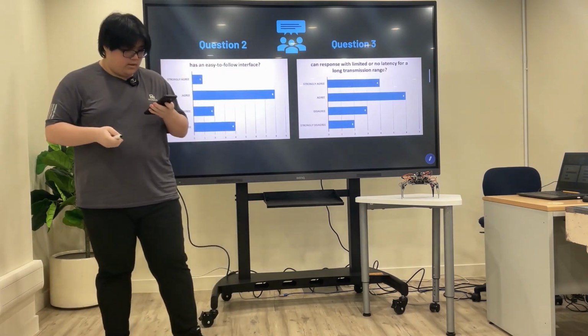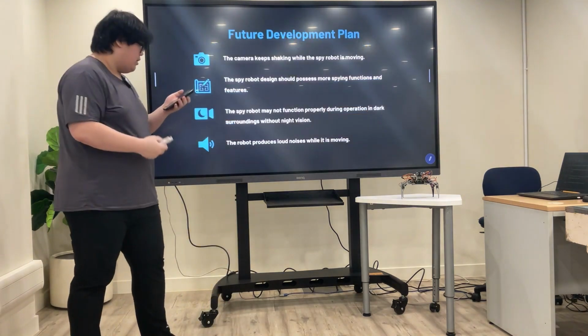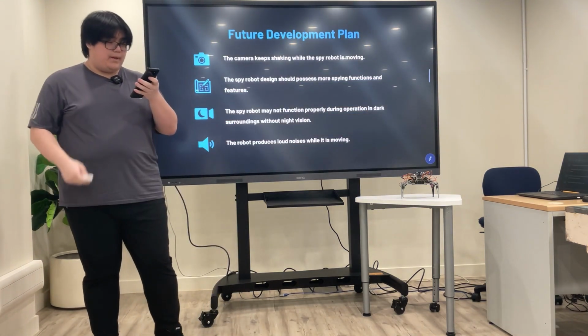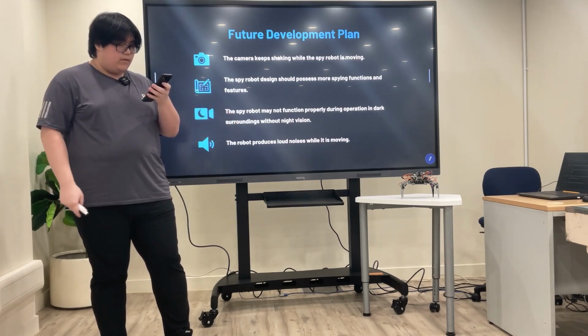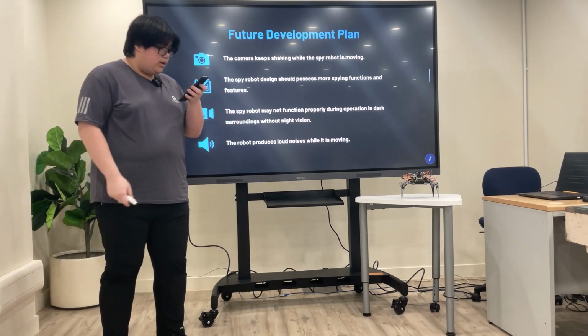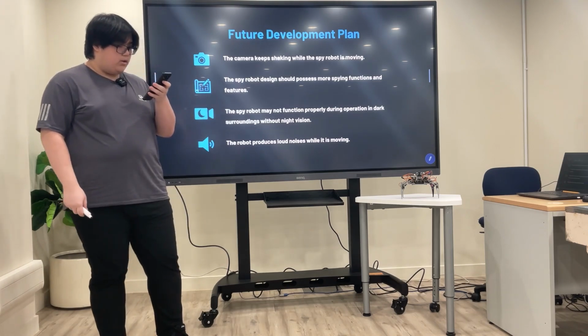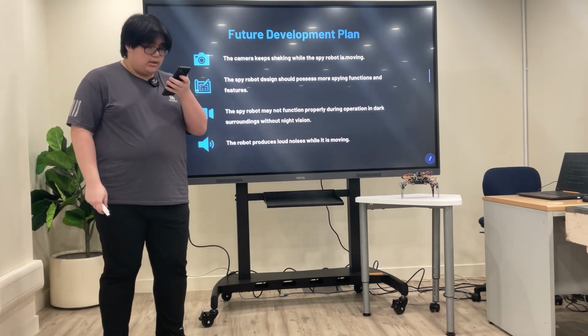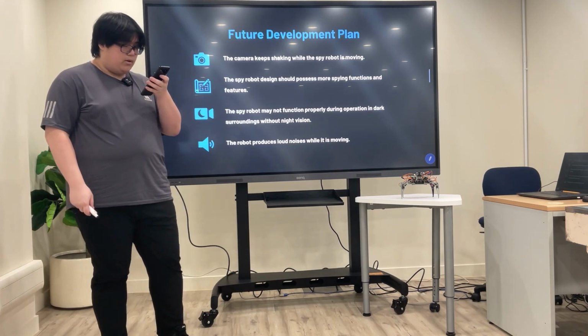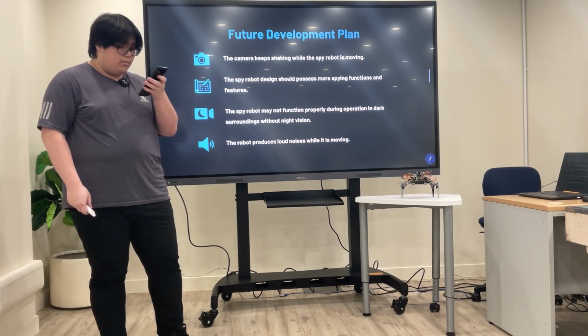Thanks, Jeff. Based on the feedback, apart from the plans we just mentioned in the previous slides, we plan to redevelop the design of the robot and upgrade the functionalities to better cater for the needs of the military and security sectors. We understand there are scenarios where maintenance and more technician support for the robot are needed.